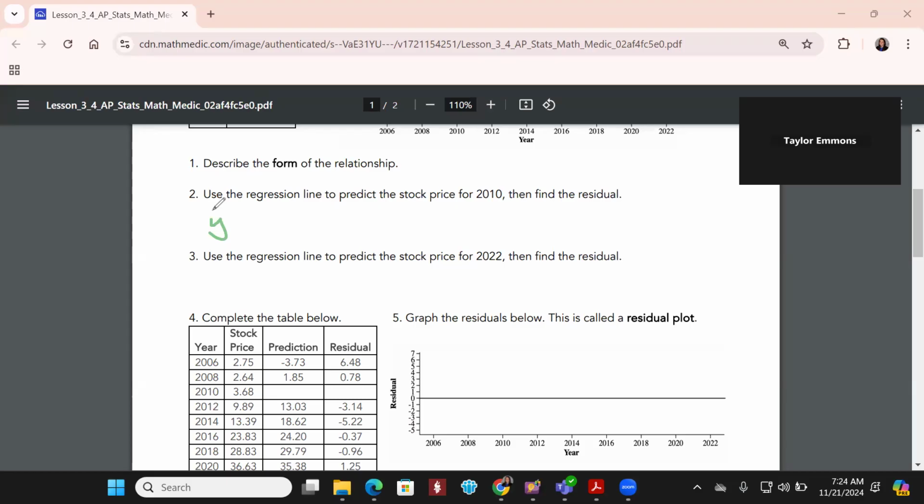It says y hat is equal to negative 5,608 plus 2.7938x. What are we going to stick in for x? What are we trying to find? We're going to plug in 2010.